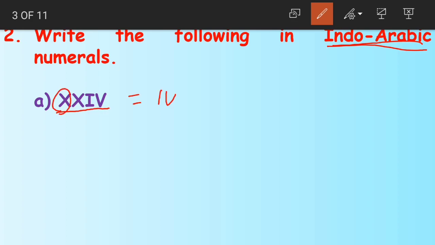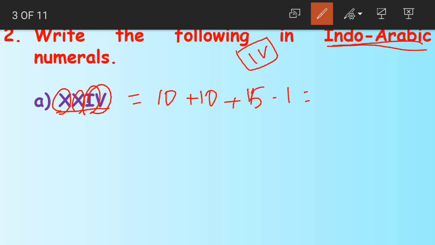First we have X which is 10. Then again we have X which is 10. Then here we have I, but after I we are having V. See, IV. You already know what is IV. IV is nothing but 5 minus 1 that is equals to 4.